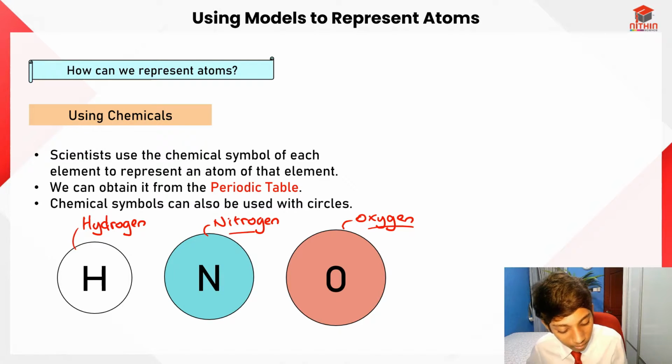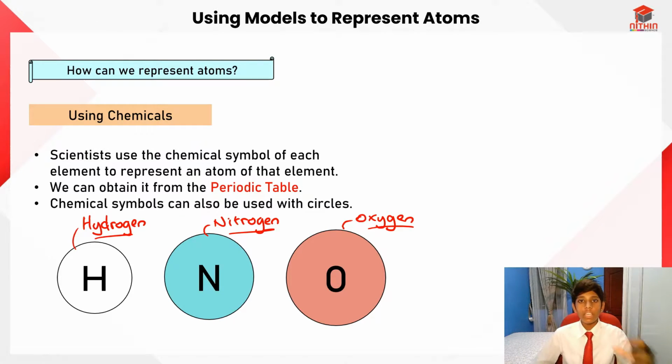Okay, so you can see how they are being represented with the chemical symbol, also different sizes and also different colors. Okay, so I think you understand what I'm trying to say here about representing atoms using models. Okay, so we are all good, and now we are ready to move on.